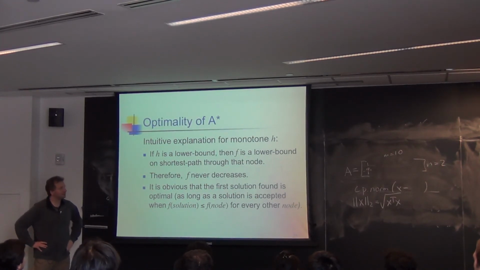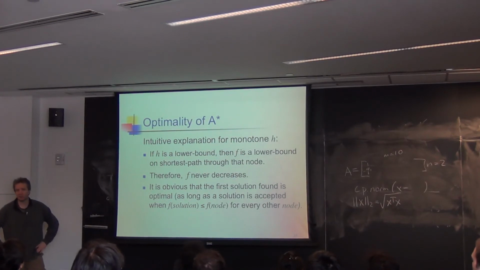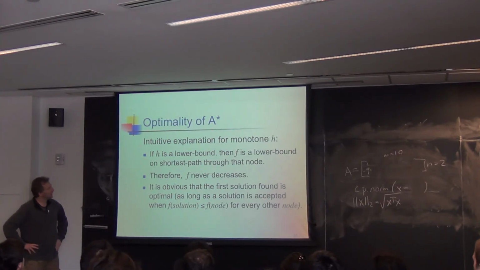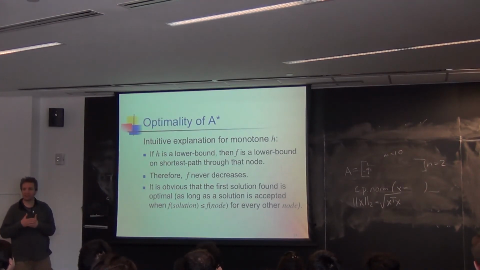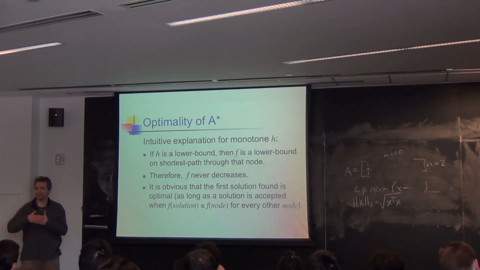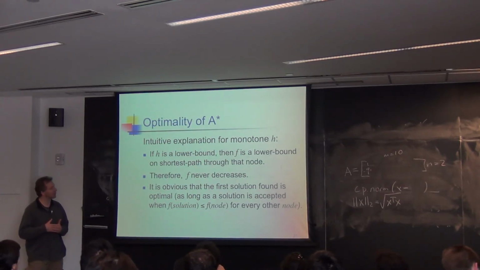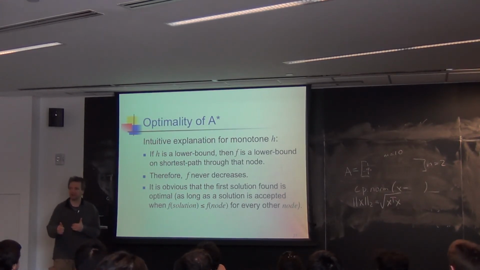So the way to think of A star is, why is it optimal? There's an intuitive explanation and an informal, quasi-formal proof for it. The intuitive explanation is that H is always going to be a lower bound because it has to be admissible. And F is a lower bound of the shortest path through that node because F is simply the cost it took you to get there plus the H value.